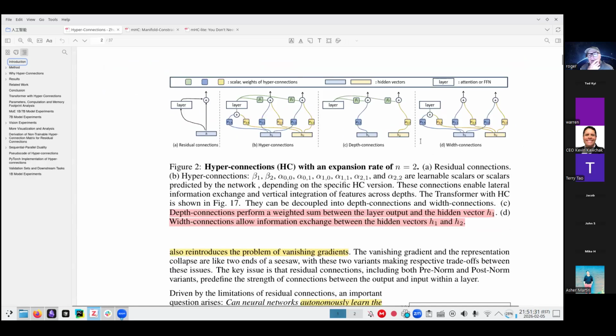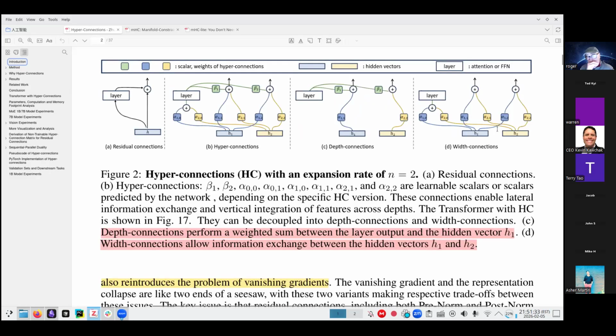Those are learnable parameters, are they? Yes, they are learnable parameters. All these green, blue, yellow dots are learnable parameters. Are they scalars, not transformations? Yes, I think so, they're learnable scalars, but they use a matrix to hold these scalars.